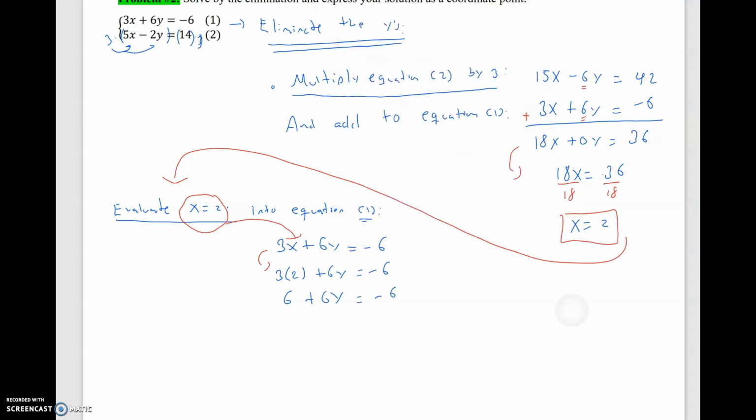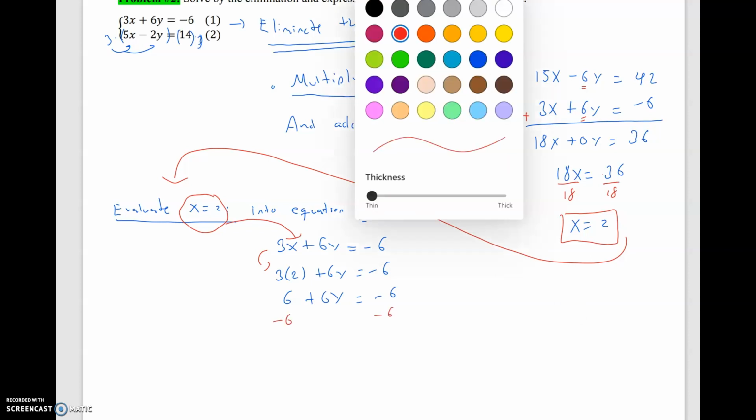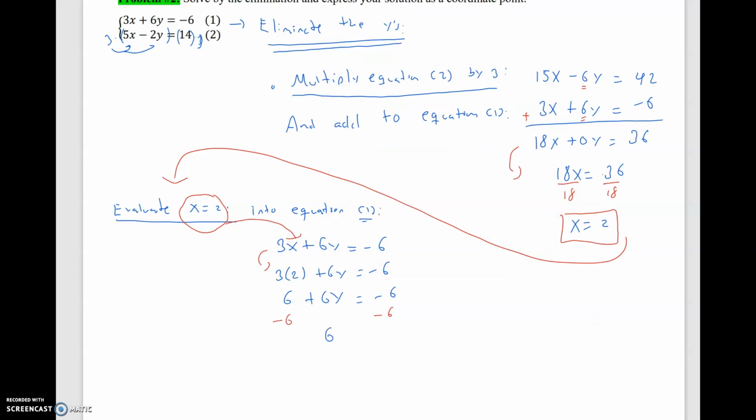At this point, subtract the 6's. So we end up with 6y is equal to negative 12, and then divide by 6. So we're going to end up with the y value of negative 2.